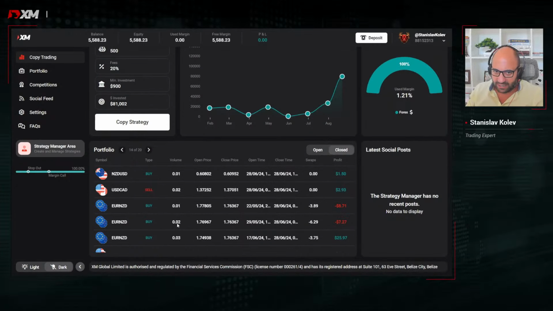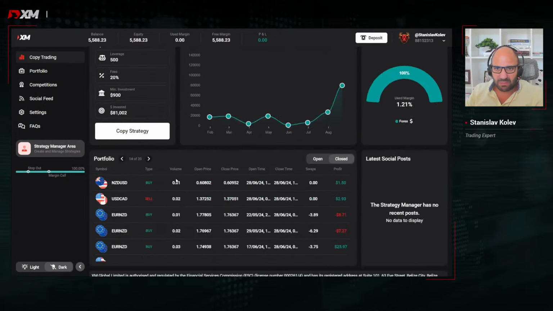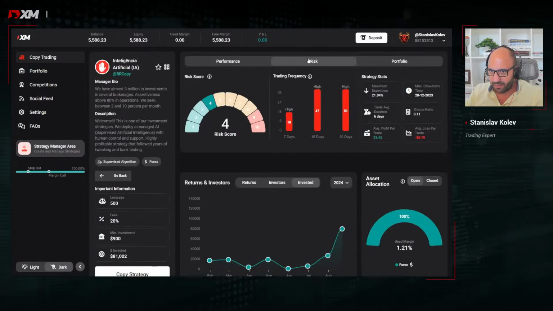So I say that it doesn't look bad. This strategy has been working, as you see, from October 2023. Yeah, we got some drawdowns. The biggest drawdown that we anticipated was 21%. You got 100% return. I mean, that's fine.